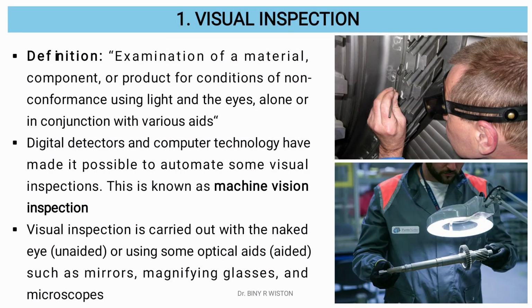It is commonly employed to support or complement other NDT methods. Digital detectors and computer technology have made it possible to automate some visual inspection. This is called machine vision inspection. Visual inspection is commonly used to detect surface characteristics such as finish, scratches, cracks or color.